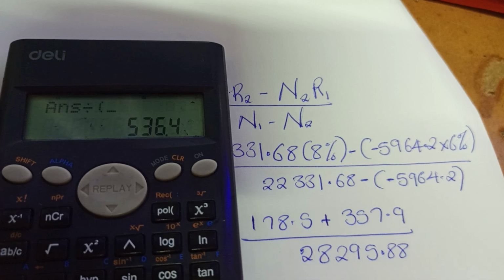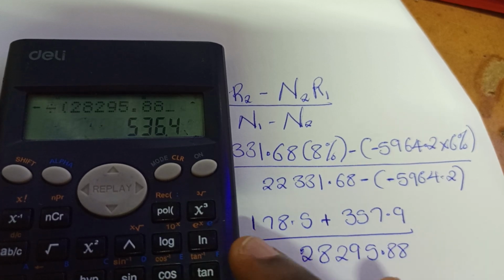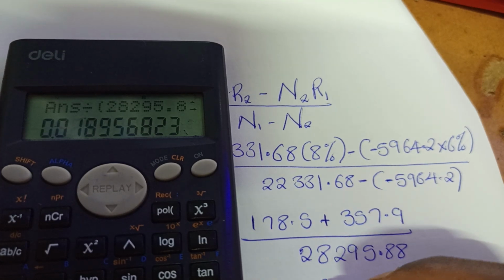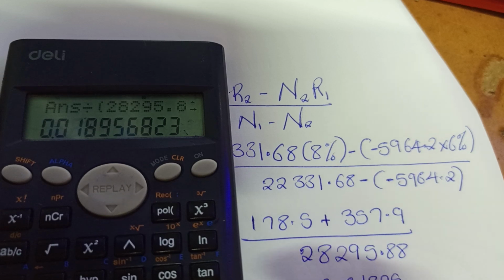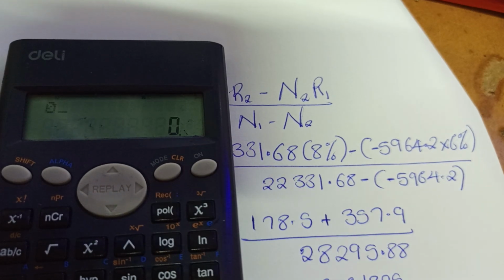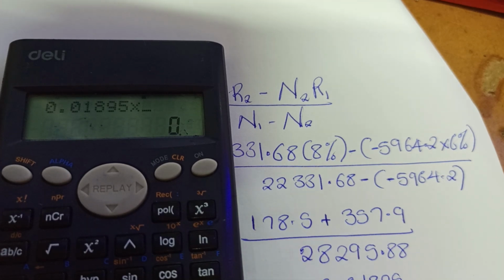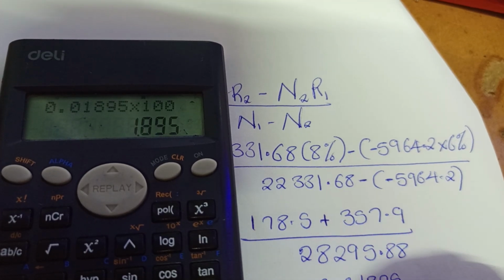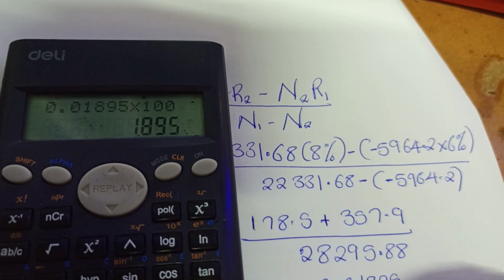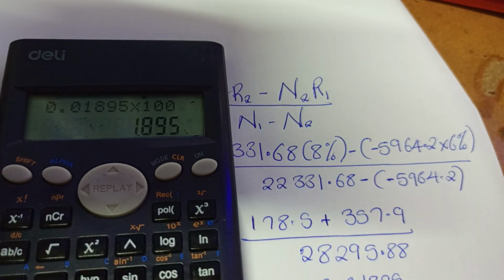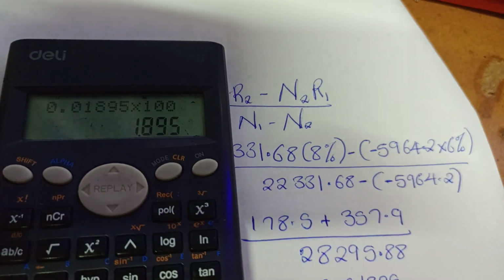Then you divide this by 28,295.88, where you will get your answer to be 0.01895. Then you multiply the 0.01895 by 100, and you will get your answer to be 1.895. So this is the IRR calculation for project A.